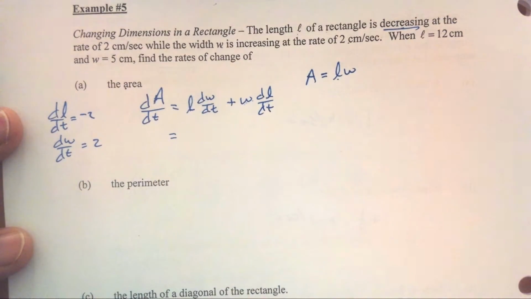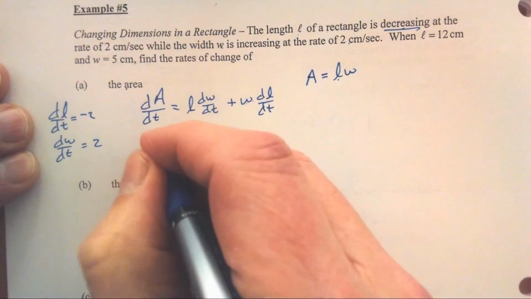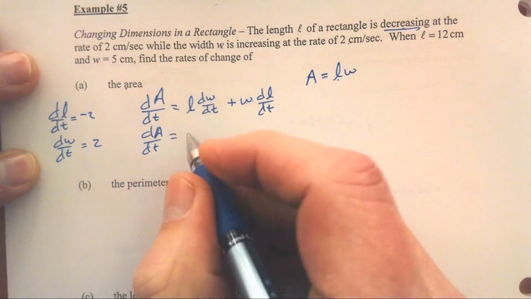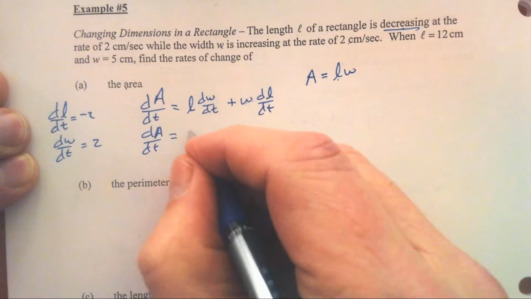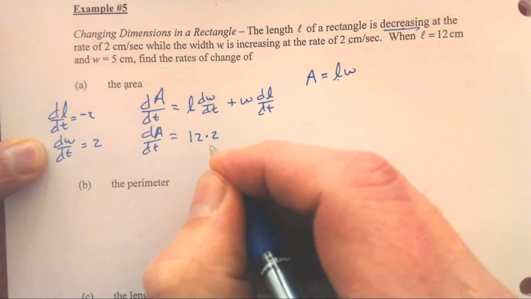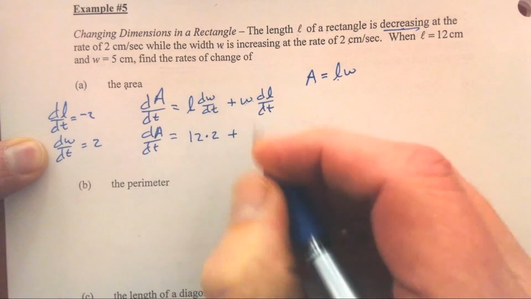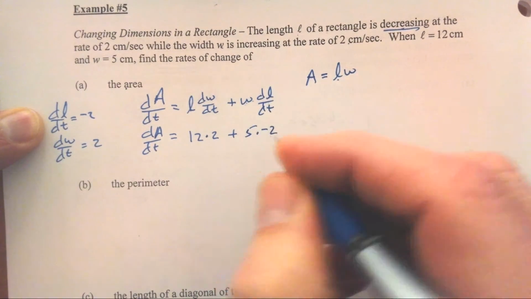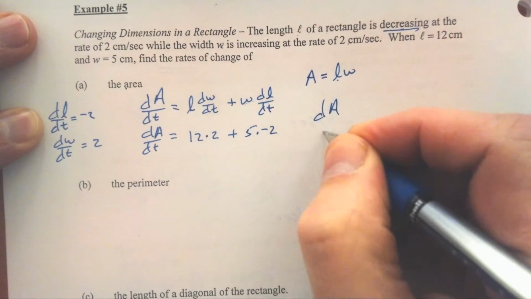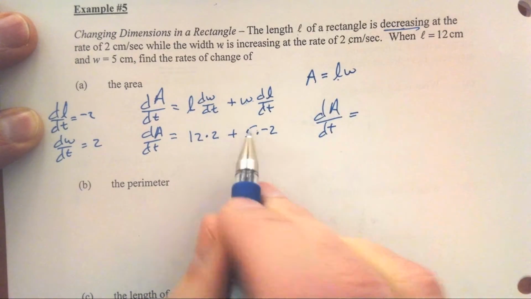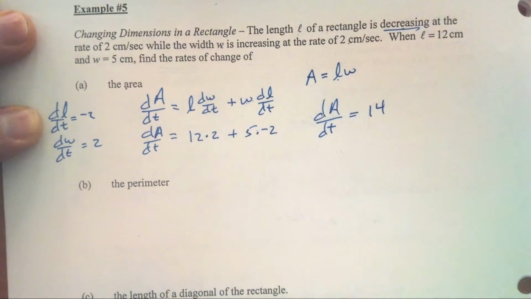Find the rates of change of area. So dA/dt is L is 12 and dW/dt is 2, while W is 5 and dL/dt is negative 2. So dA/dt at that time is 24 minus 10 is 14.